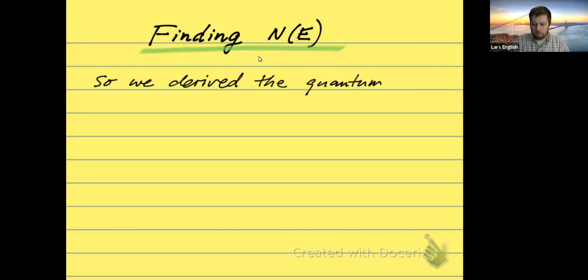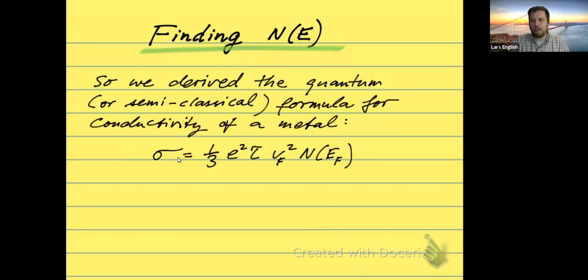Okay, so the formula that we found was this one here, the 1/3 e squared tau v sub F squared times this electron population density at the Fermi energy. So this is not a product, this is a dependence, right?